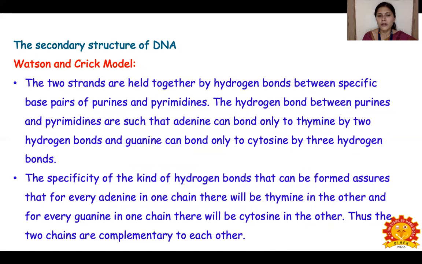The specificity of the hydrogen bonds that can be formed assures that for every adenine in one chain there will be thymine in the other chain, and for every guanine in one chain there will be cytosine in the other chain. Thus, the two chains are complementary to each other.